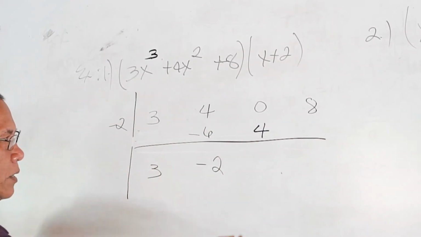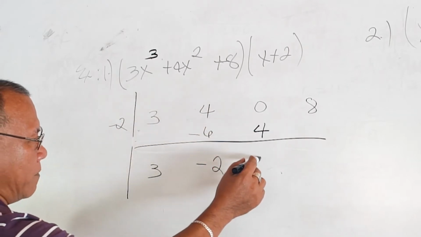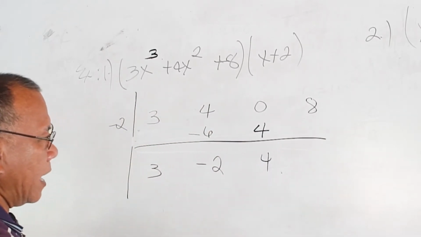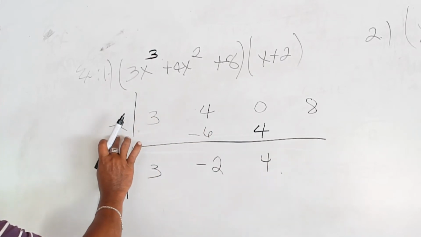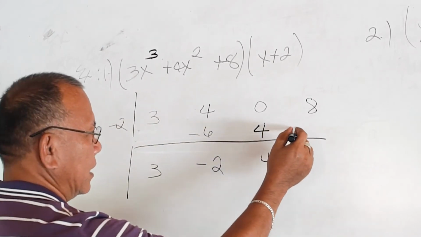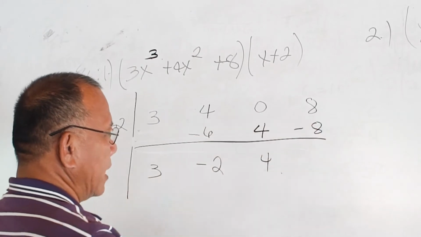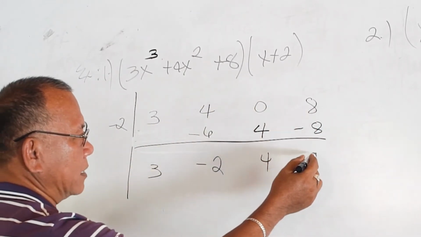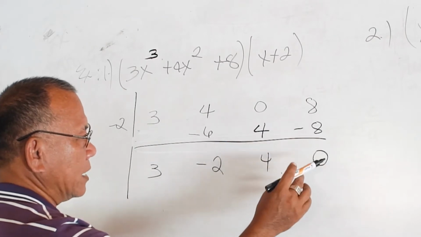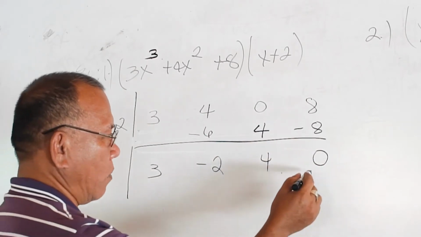Then add 0 plus 4, we have 4. After that, multiply 4 times negative 2, the result is negative 8. Then add: positive 8 plus negative 8 is 0. So the remainder is 0.